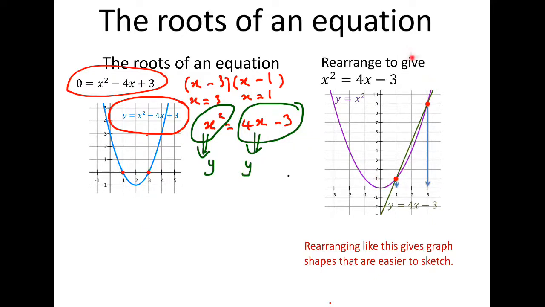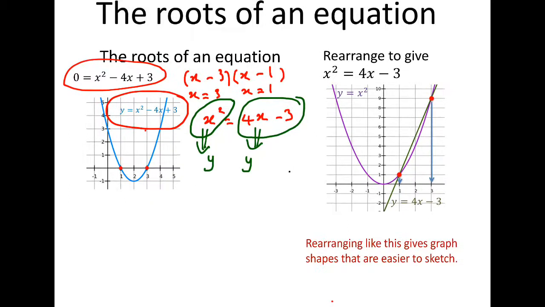Then plot this equation on its own, and that is a straight line cutting through minus 3 here, y equal to 4x minus 3. And you'll notice that they intersect at this point here, x equal to 1, and at this point here. So that means we have two roots, and this is plus 3.